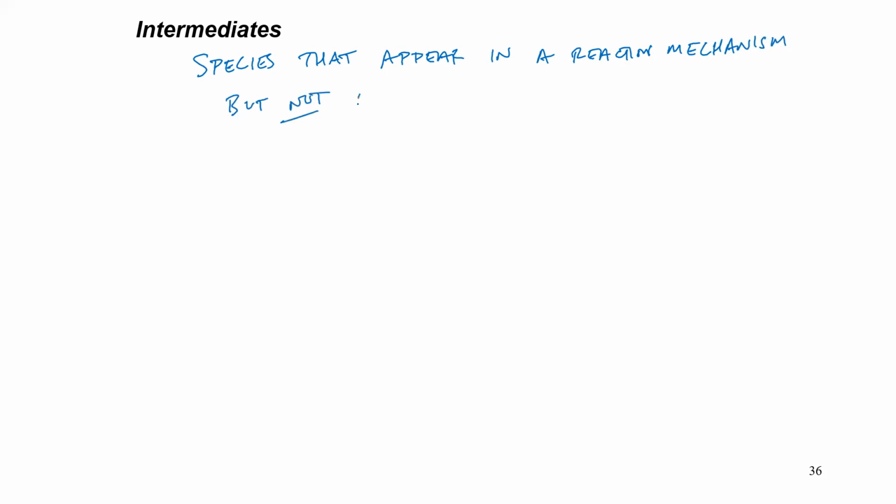All right. So talking about intermediates and trying to figure out what intermediates are. These intermediates are chemical species that appear in a reaction mechanism, but not in the overall equation.